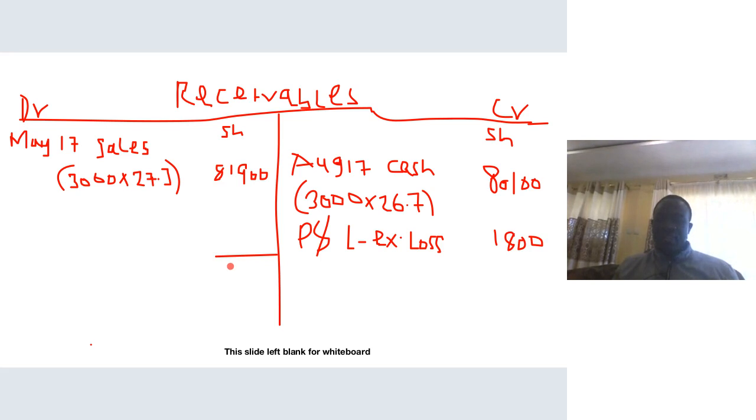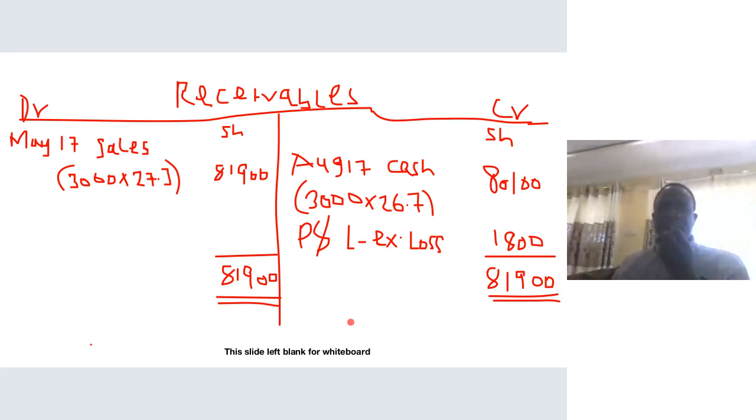The total here is 81,900. The double line signifies the end of the transaction. So that is how we treat the receivables accounts.